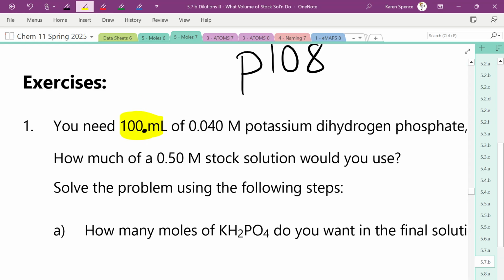This is what we need: 100 milliliters of 0.4 molar potassium dihydrogen phosphate. What should we do with our 100 milliliters? How should we write that? We should change it to liters. What is that in liters?